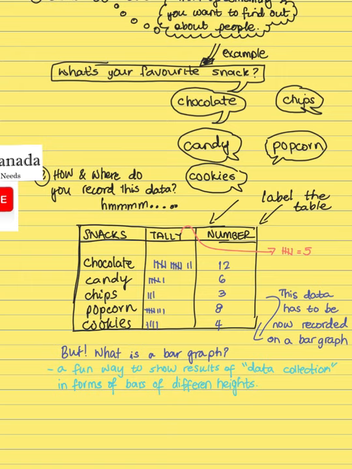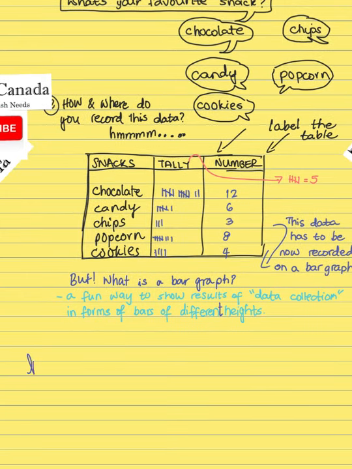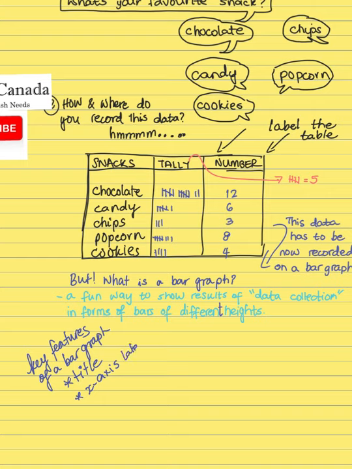So definitely the chocolate bar is going to be the tallest or the longest, depending on which way we're drawing our bar chart or bar graph. We could have it horizontal or we could have it vertical. So once we have our data collected and noted down in a table, we're going to now transfer that into a bar chart. I keep saying bar chart and bar graph because they're both the same.